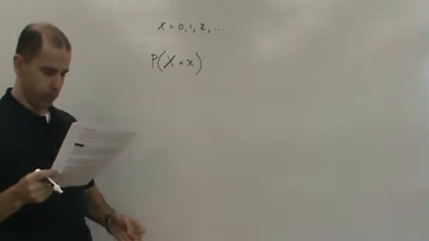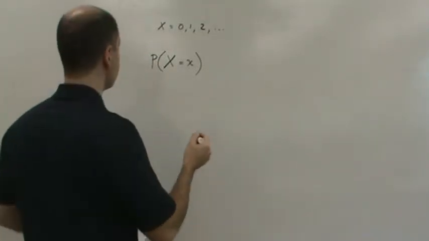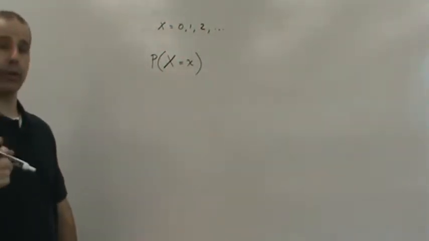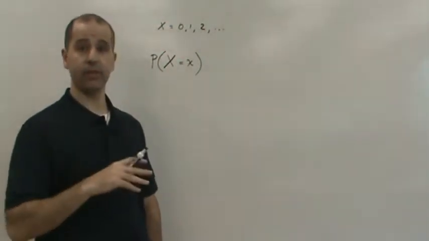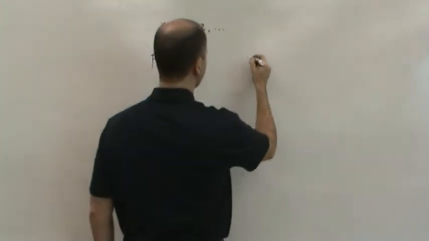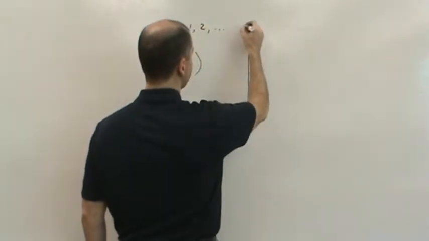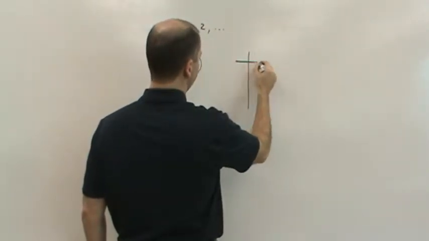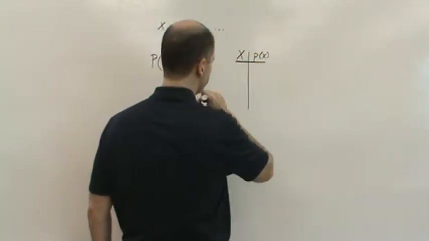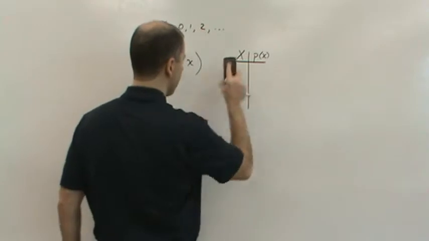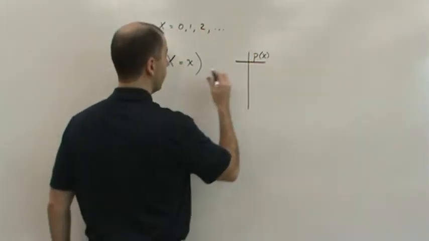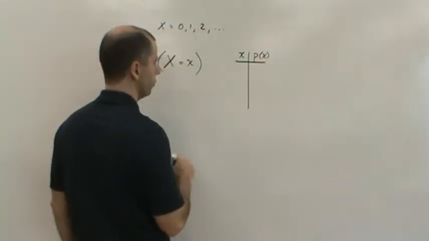Now, the probability distribution function for a discrete random variable is what we're going to start with. And this is nothing more than a table of values. So what we're going to call the probability distribution function is a table where we have the individual values.